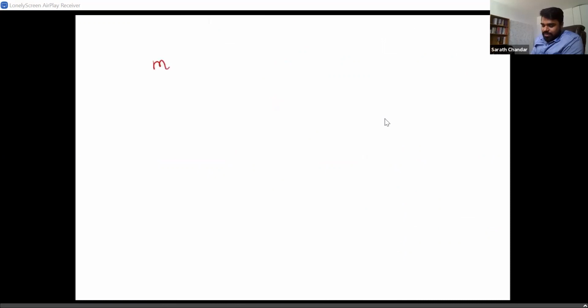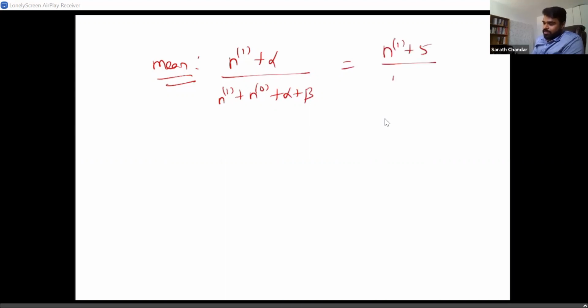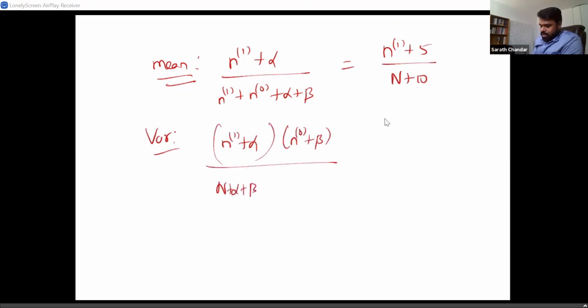So the mean is going to be N1 plus alpha divided by N1 plus N0 plus alpha plus beta. If I use alpha equal to beta equal to 5, then this is simply N1 plus 5 divided by capital N plus 10. Similarly, the variance is given by (N1 plus alpha)(N0 plus beta) divided by (N plus alpha plus beta plus 1)(N plus alpha plus beta) the whole square.